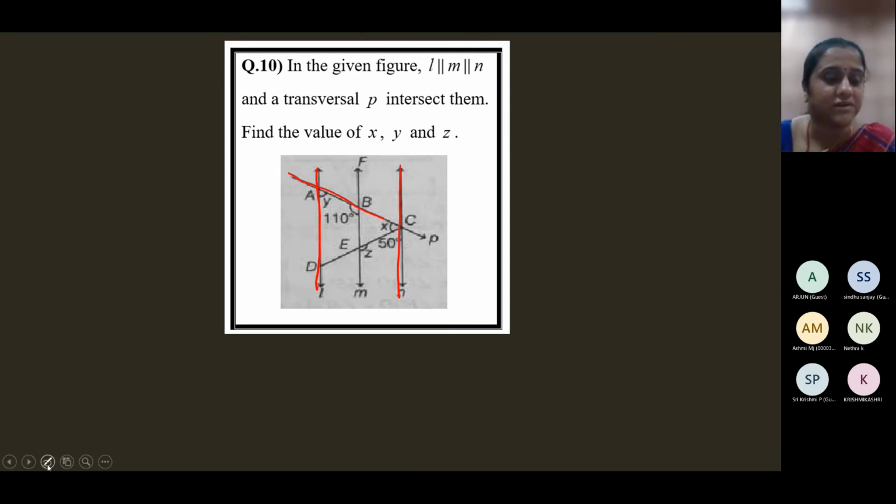Oh, sorry, 110 is marked here. I didn't see that clearly. See it. Parallel line and transversal. The arms of the angles: there are two lines parallel to one another.